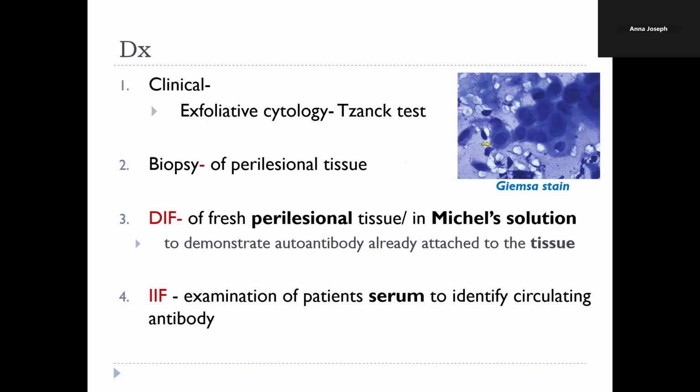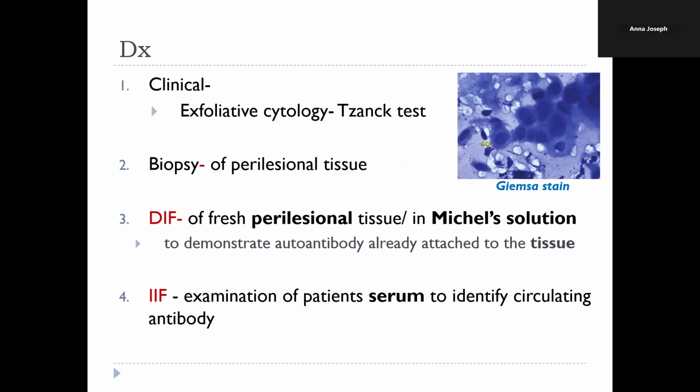Direct immunofluorescence is done on fresh lesional tissue which has to be transported in Michel solution. It is important that correct transportation is done. You should not do a formalin fixation because the antibody reactivity will be lost and there will be no immunofluorescence findings on formalin fixed tissue.